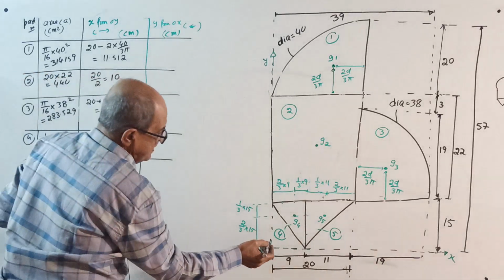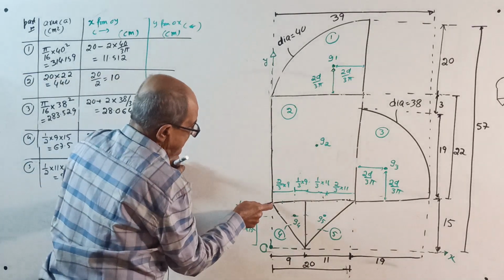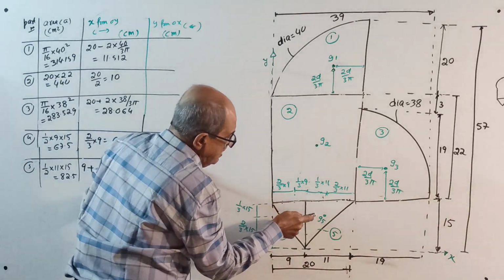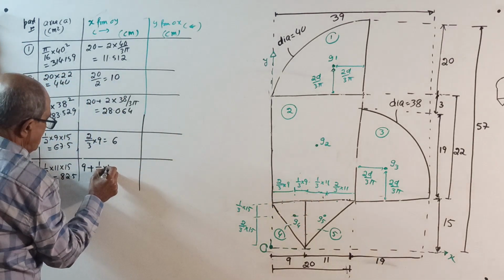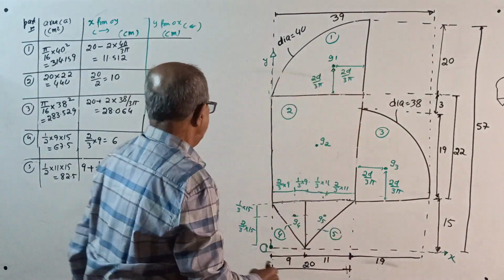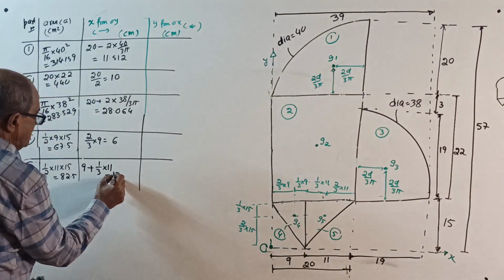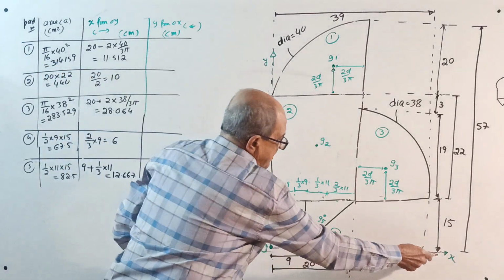Figure number 5, 9 plus 1 by 3 of 11 will give you 12.667.